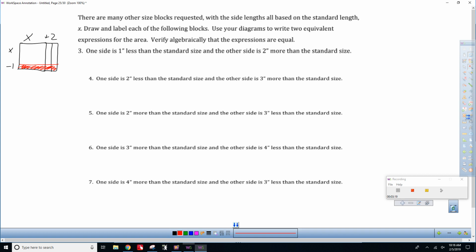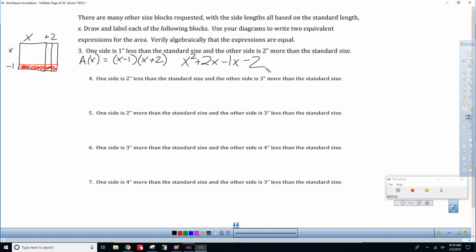Let's see. I don't know if this is going to work out visually, but we'll see. So A of X, the area is X minus 1 times X plus 2, right? FOIL it, you get X squared plus 2X minus 1X minus 2.